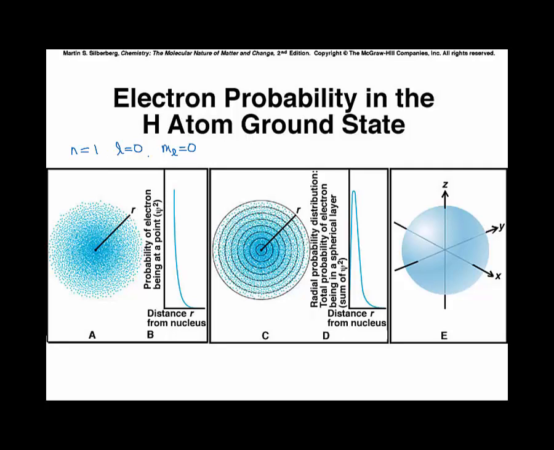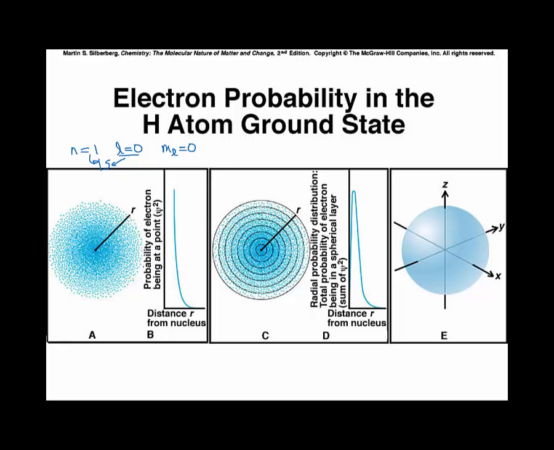So n=1, L=0, m sub L=0 corresponds to one particular orbital, and that's the picture that we're going to look at. So we would call this the 1s orbital because L=0 means s, and n=1 is referring to the first shell. So this is our first shell and first subshell, so we call it the 1s orbital.